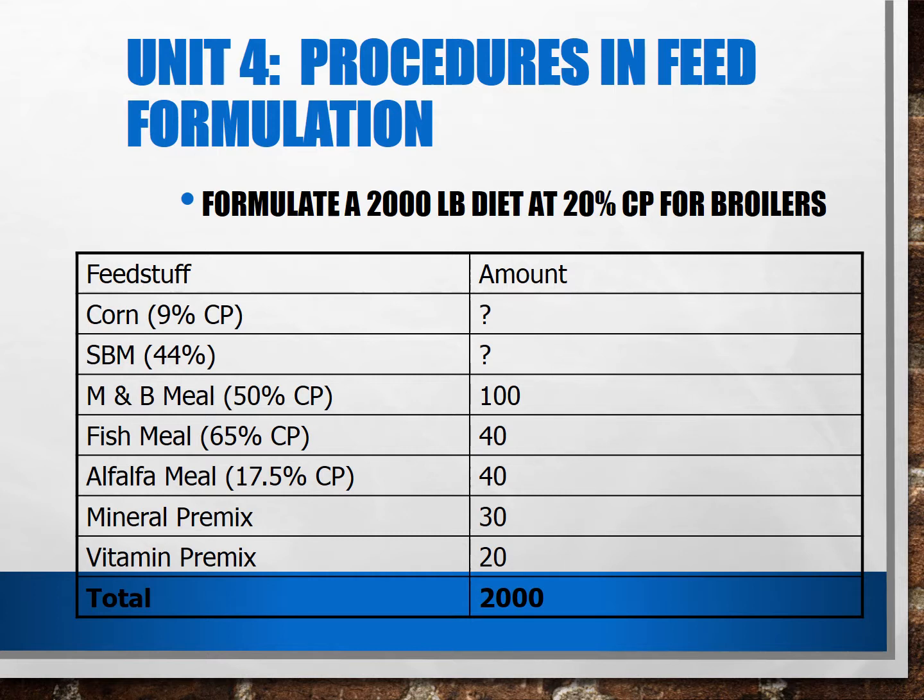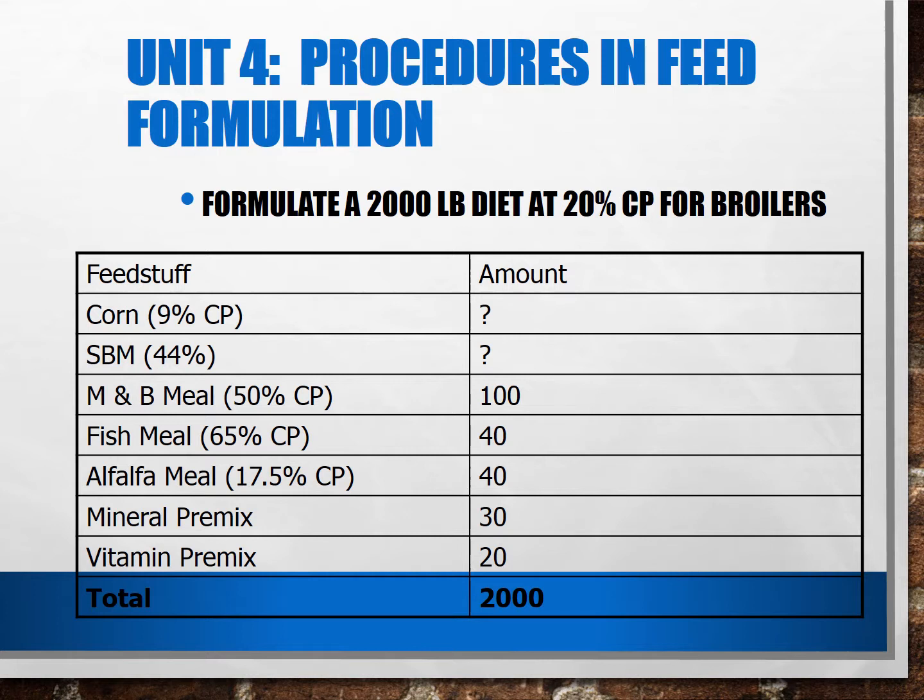Those premix things are ingredients put together and generally bagged by your local feed company that are just added to the ration. So we're going to come up with a, hopefully, 20% mixture, calculating in there with corn and then 44% crude protein soybean meal. So that's one for you to practice at home, and we will also go through it in class.